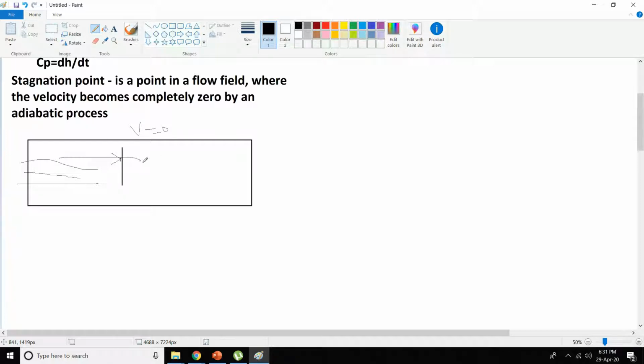You are not using any heat addition, only an adiabatic process. The corresponding temperature, pressure and density are the respective stagnation temperature, pressure and density, and so on.